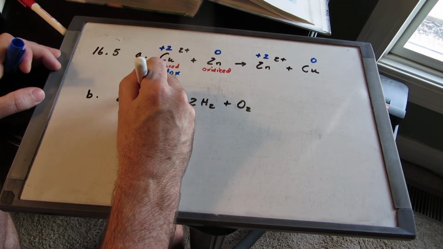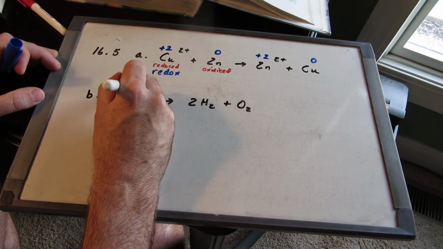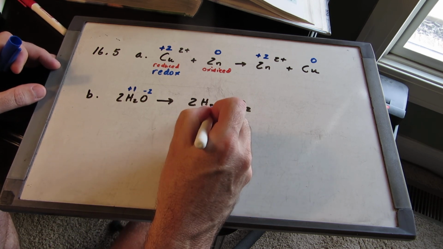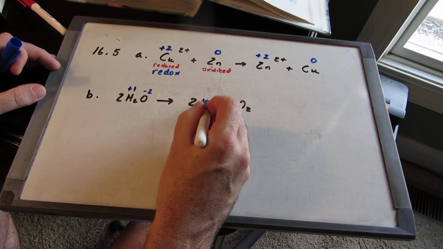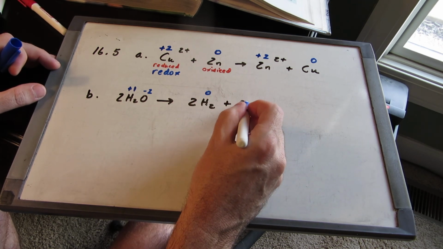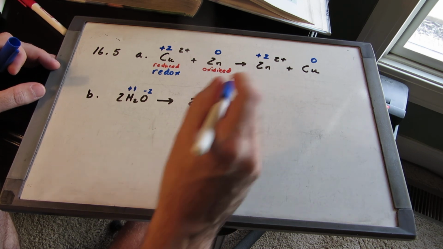It's -2. All of this has to add up to 0. We have a rule for hydrogen also, +1. For hydrogen by itself, rule 1, charge divided by the number of atoms. The charge is 0. For oxygen by itself, charge divided by the number of atoms. The charge is 0 on O2 by itself.